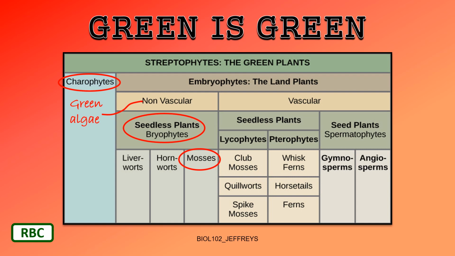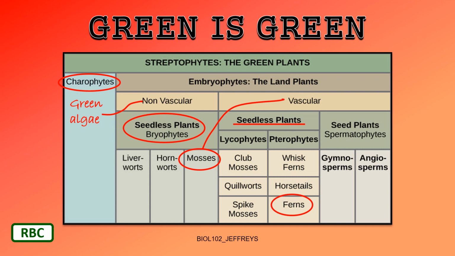Now, the non-vascular seedless plants then gave rise to the vascular seedless plants. We looked at ferns as our example of a typical vascular seedless plant. But as we move forward evolutionarily, we went from non-vascular to vascular.